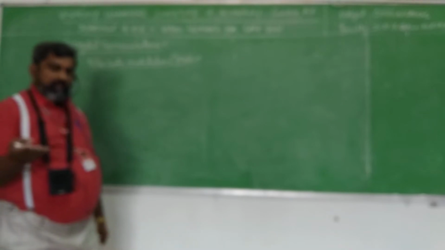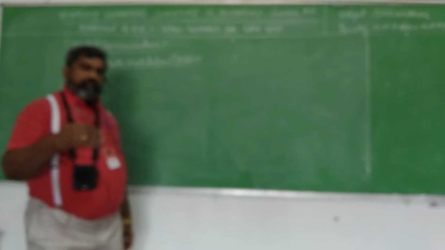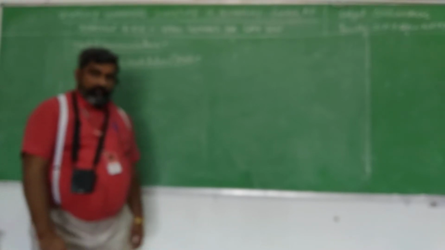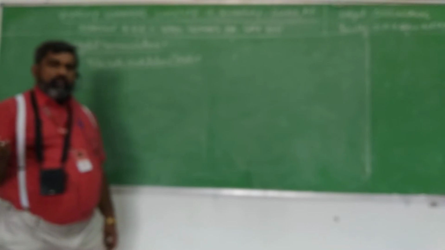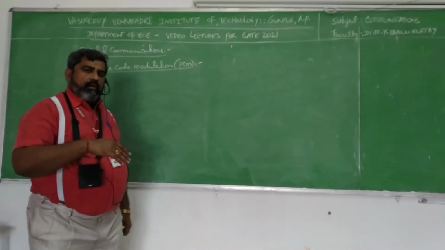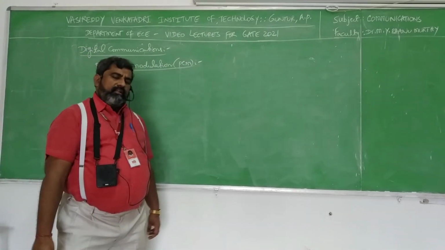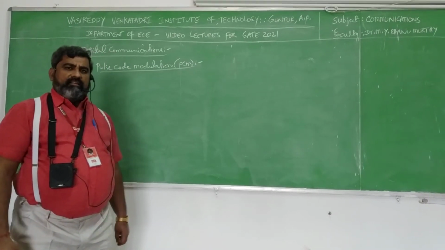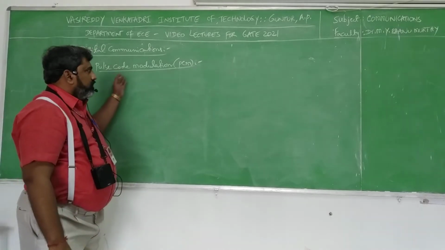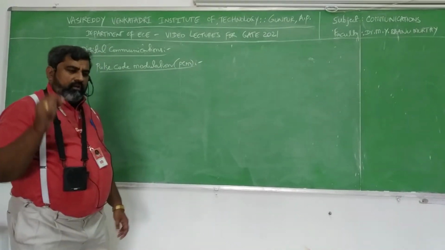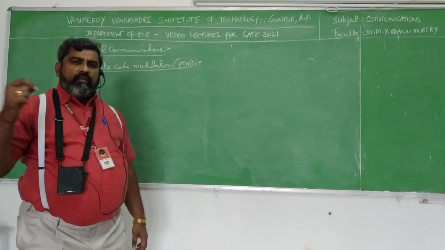For a simple example, bit 1 you can represent as plus 5 volts, and bit 0 as minus 5 volts. Coded means you are converting an analog message signal into digital, ones and zeros, and then transmitting that digital data in the form of a binary pulse, an electrical signal. That is what is called pulse code modulation.